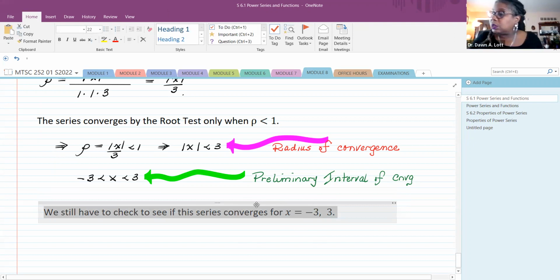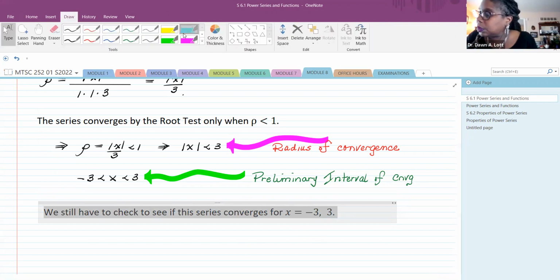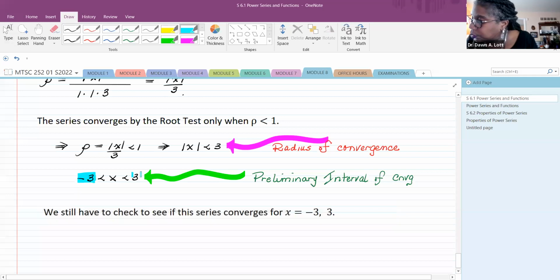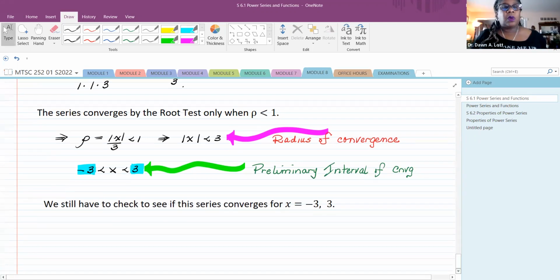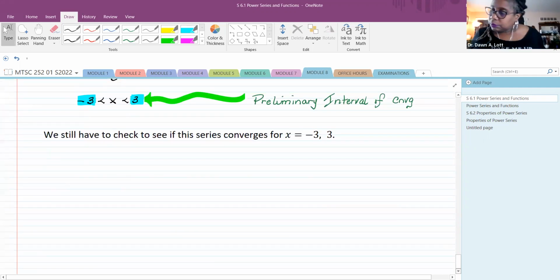The ends of the interval here are -3 and 3. Right now, we know that it works inside of there. Does it work at the end? Let's check the endpoints. I think this is actually going to be quite reaffirming for some of the stuff you've already learned.